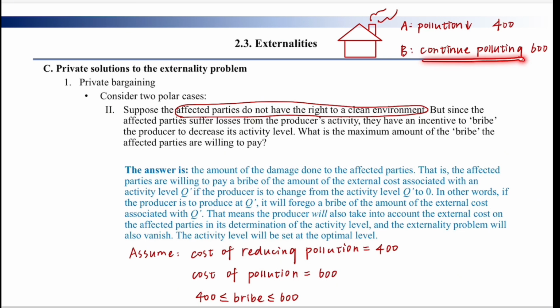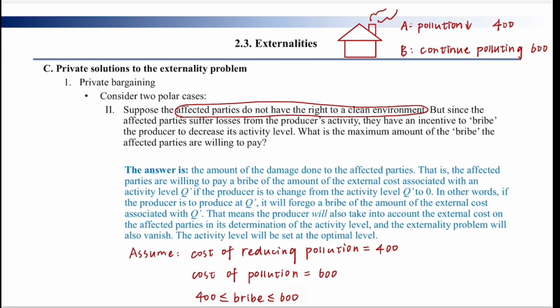But continuing to pollute will cause a total loss of 600 Hong Kong dollars to the society. So now we need to calculate how much the bribe should be set so that both parties can accept it. The final result is that the bribe should be between 400 Hong Kong dollars and 600 Hong Kong dollars.